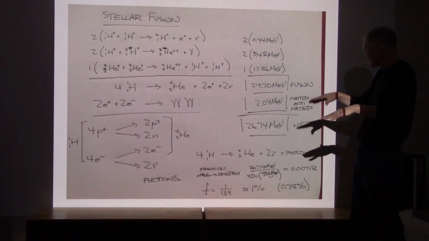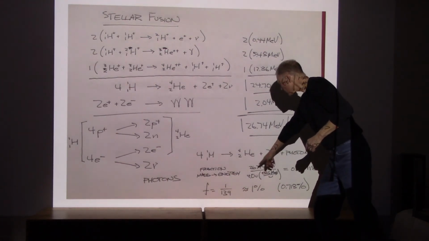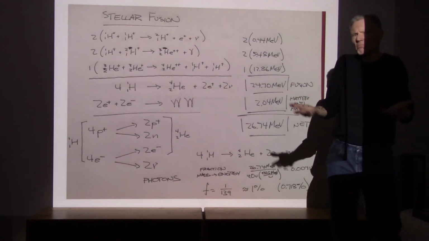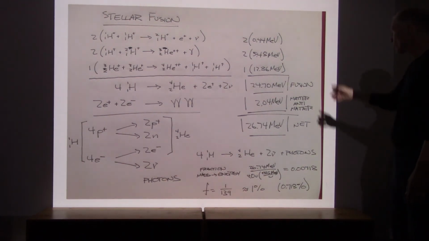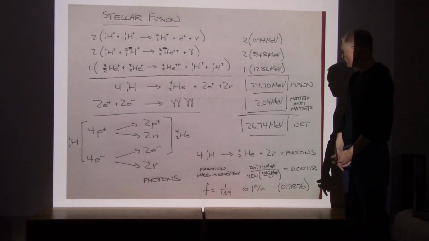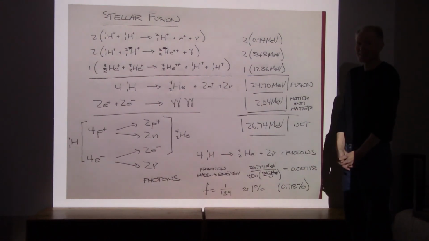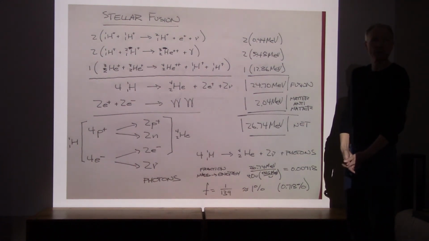So it's a little bit of an optimistic estimate here, but we're getting close to the point where maybe 1% of the mass is being converted into energy in this particular set of fusion reactions. So that's pretty significant, right? That's a pretty good mass to energy proportion that we're coming up with.